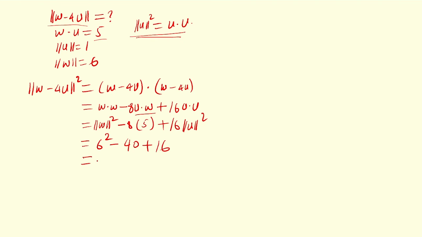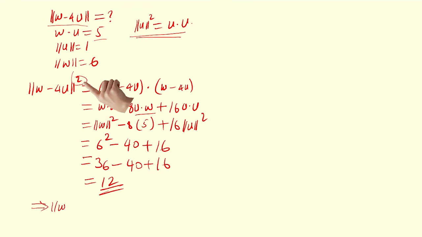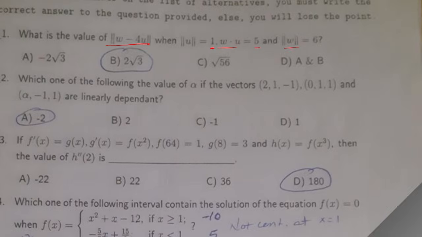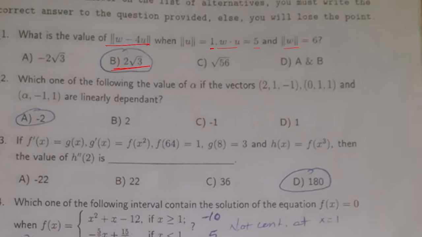So 36 minus 40 plus 16 is 12, that's the square. This implies the norm of w minus 4u is equal to the square root of 12, which is 4 times 3, so 2 square root of 3. That's the answer. So the answer is B.